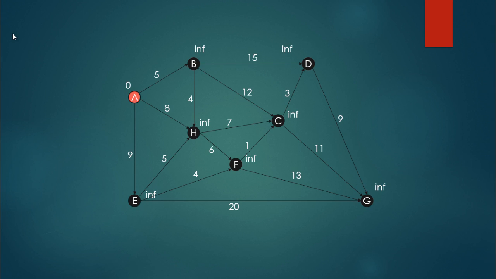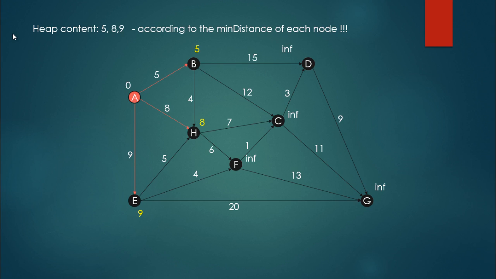So we have to select a start vertex, and it's going to be A. And Dijkstra's algorithm works as follows. We are going to visit all of its neighbors. And we are going to maintain a heap, and we are going to store the minimum distances on this heap according to the min distance of each node.